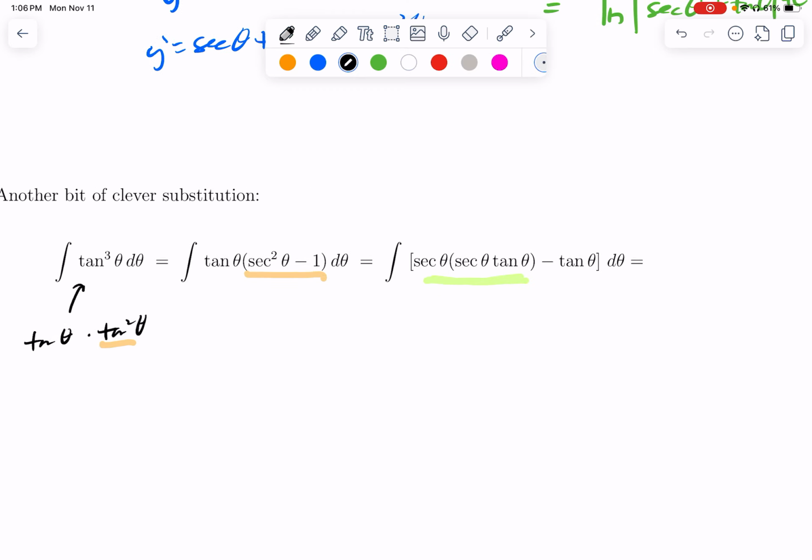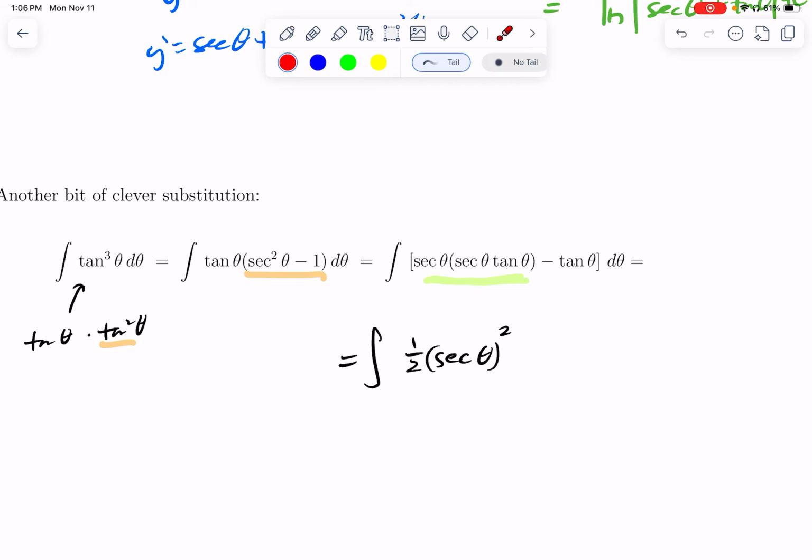So here, this thing in parentheses is the derivative of this thing. So we can actually treat this as like u substitution, where u equals secant theta. What we actually have is secant theta squared. If I take the derivative of that, I want to cancel that 2.